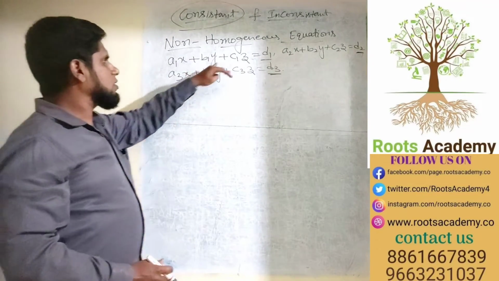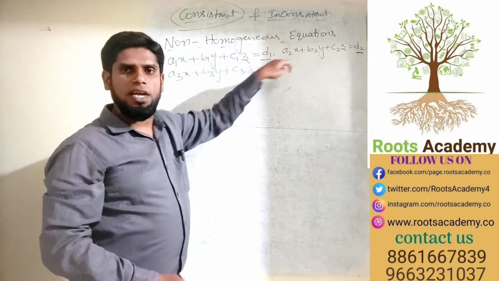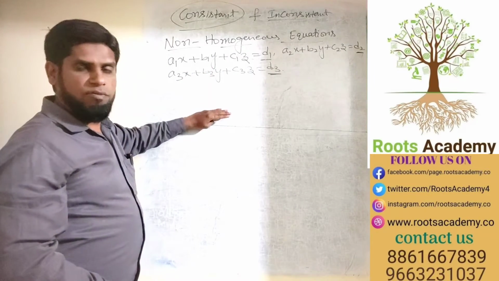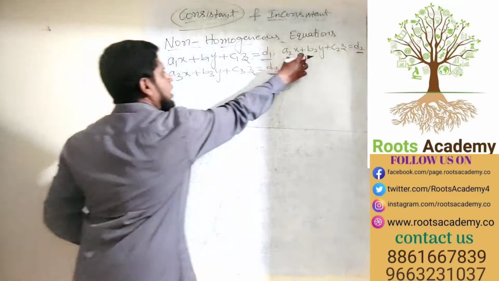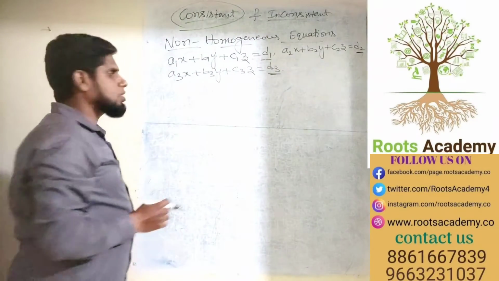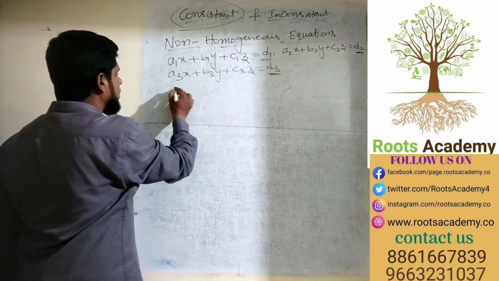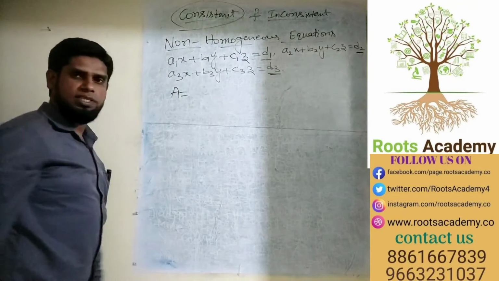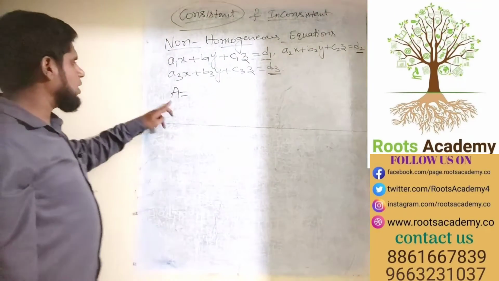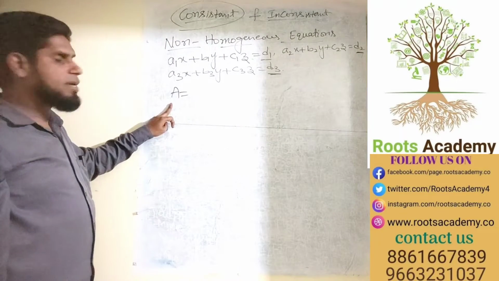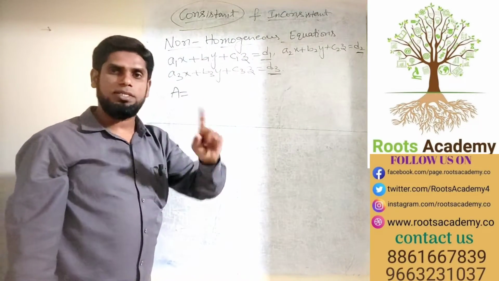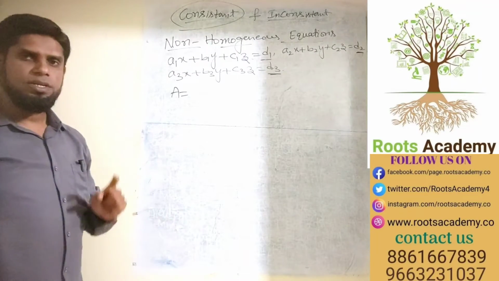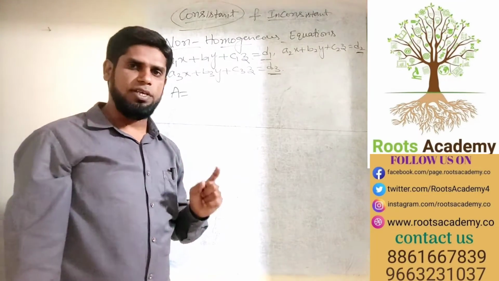Whatever these three equations are given, to declare whether it is consistent or inconsistent, we should express this in matrices. So these three equations can be expressed in three matrices. First is the A matrix. In the A matrix, we will write only the coefficients of x, y, z.